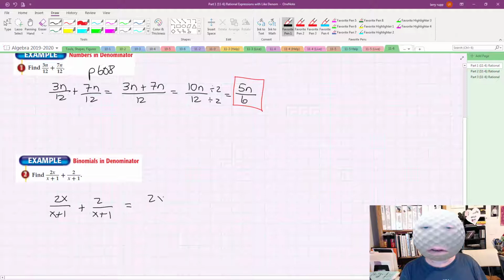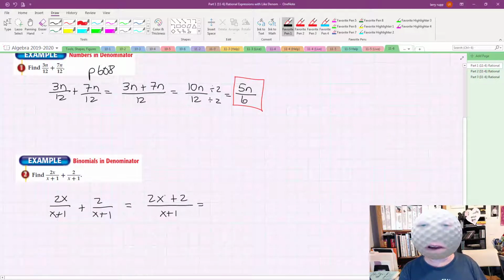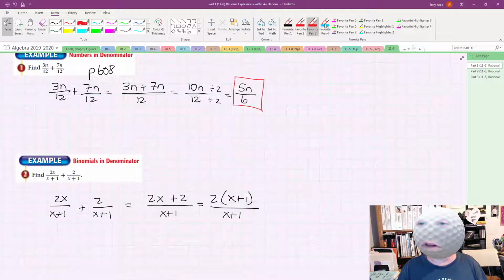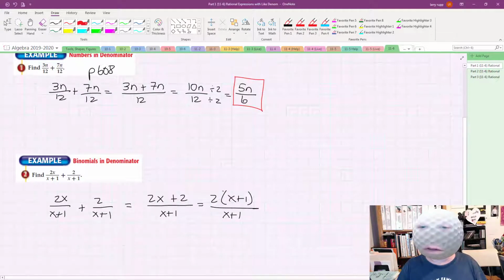You have 2x plus 2 over x plus 1. To simplify this, you factor out a 2 from the numerator, and you're left with x plus 1 over x plus 1. And boy, don't we like this. We can cancel. We whip out the pen of a different color, chop those off, and we're left with 2. That's your answer.